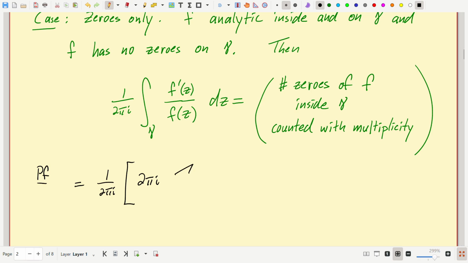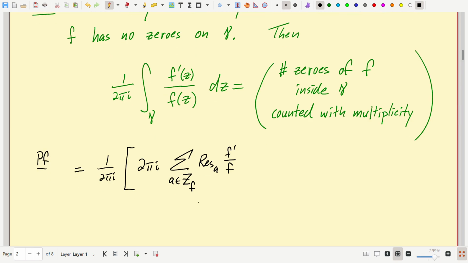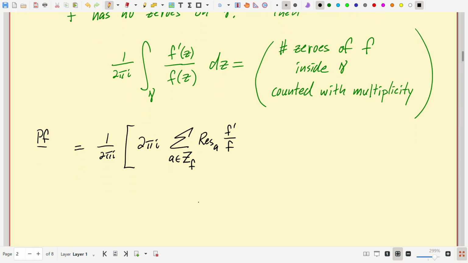And so with those singularities, we'd be calculating the residues at points where the denominator vanishes. And that's exactly the zero set of f. Got to think for a second why that's a finite set. We'll think about that in a second.